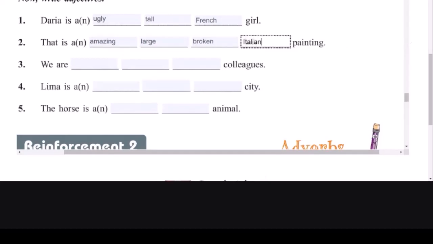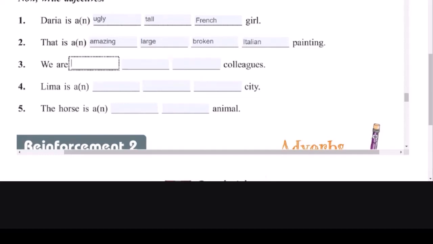Italian painting. Yeah, sure. The origin, right? The origin is closer to the noun, right? And then the purpose, right? Good. The condition and then the purpose, the origin, right?